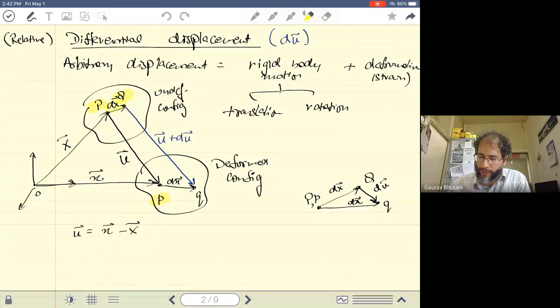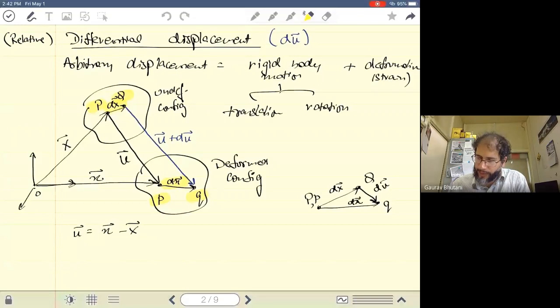And then we have a small q, which is the image of capital Q in the deformed configuration, which gives us a d small x vector. The displacement of point P is called u, and the displacement of point Q is called u plus du. That's how we define our relative differential displacement.